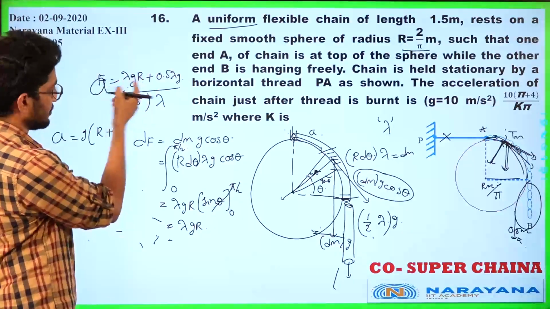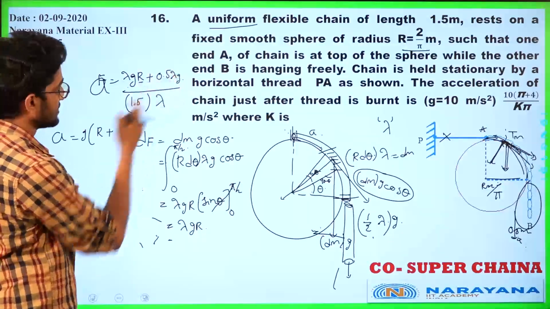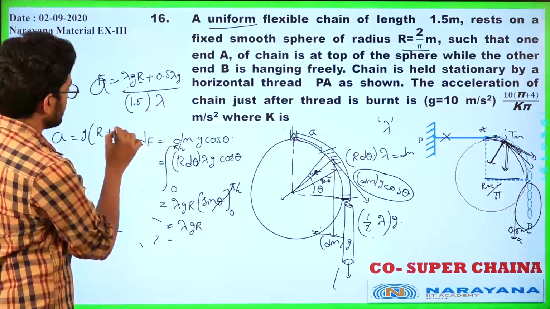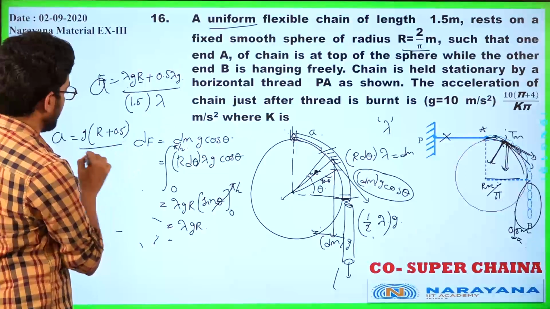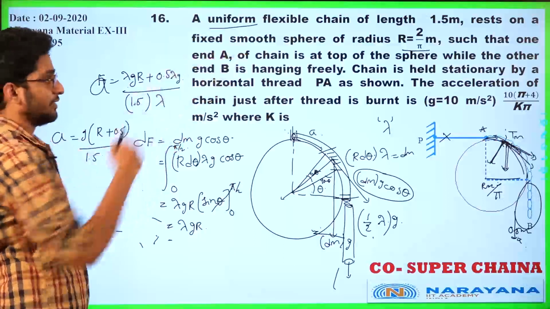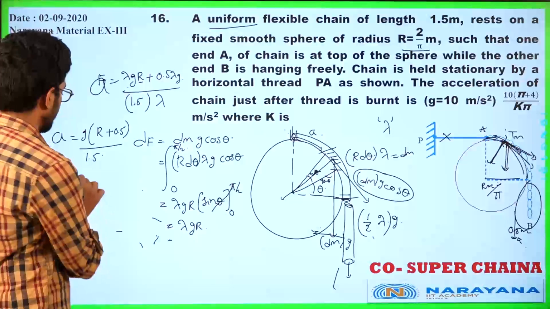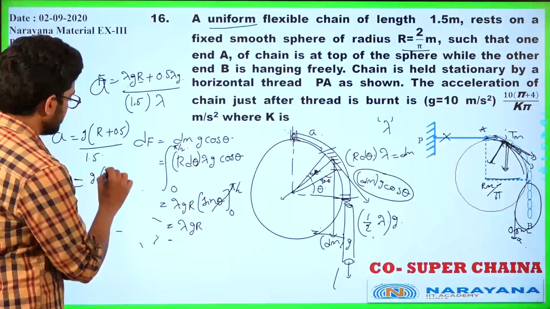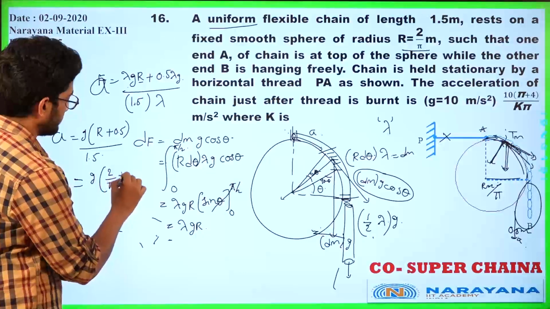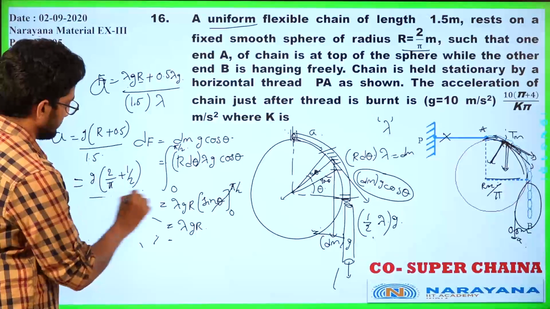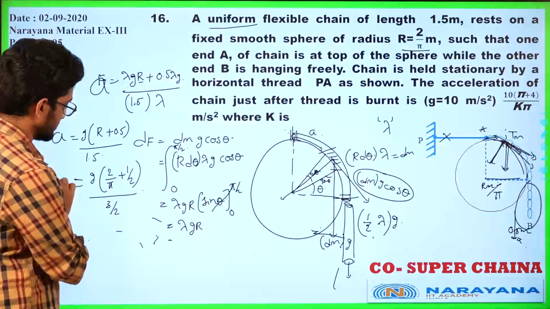Lambda gets cancelled, so if I take Z common, R plus 0.5 by 1.5. R value I already have, 2 by pi. So I just substitute 2 by pi here. So Z into 2 by pi plus half by 1.5, which is 3 by 2. Okay. So this is the final acceleration.